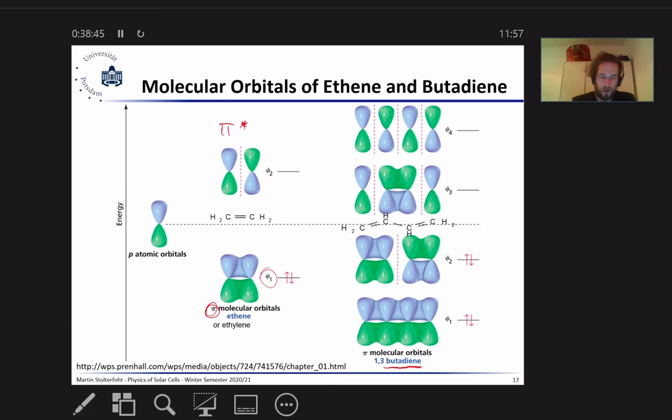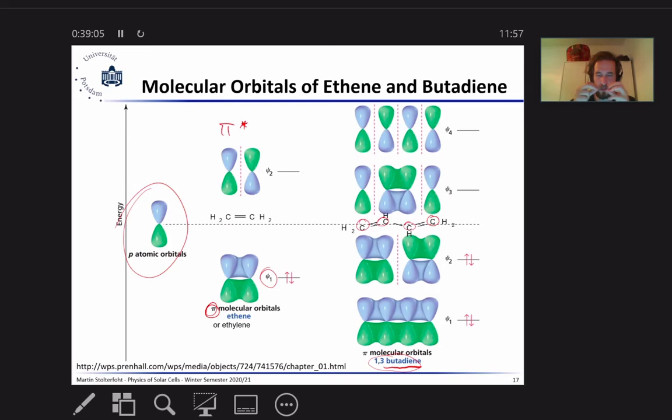Okay, so now we look at the butadiene, which has 4 carbons. So we bring together 4 of these pi z orbitals, and we look how the molecular orbitals look like. So there are always sigma bonds, right?